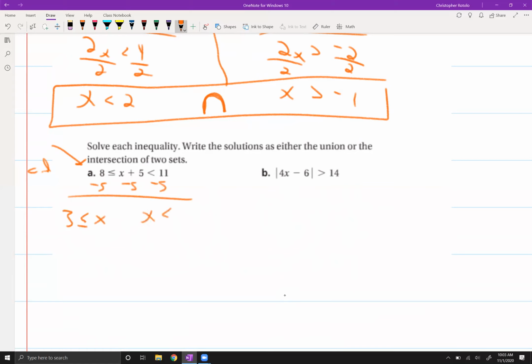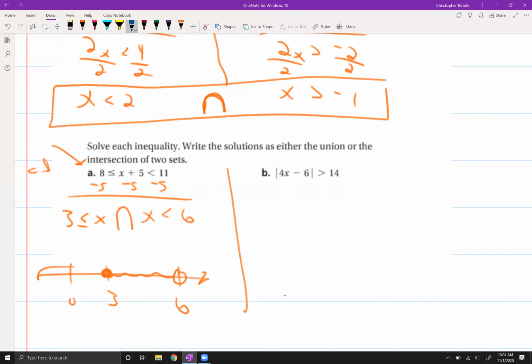X is less than 6. So let's put 6 out here. Open. And x has to be greater than or equal to 3. So we'll fill this one in. Okay, so again, we assumed that would be an "and," and now when I graph it, it confirms that it is an "and," and that "and" becomes an intersection of the two.